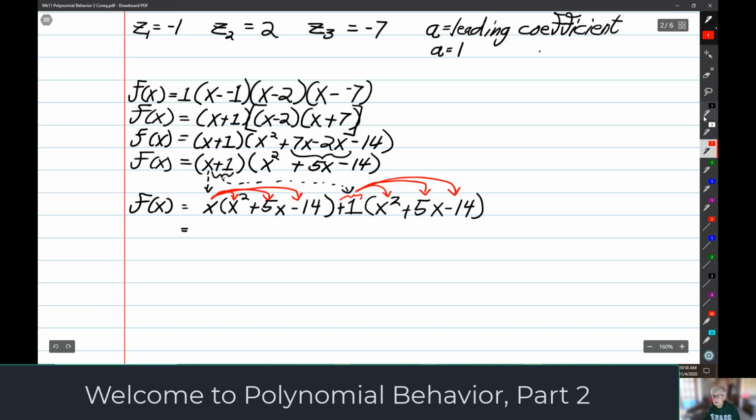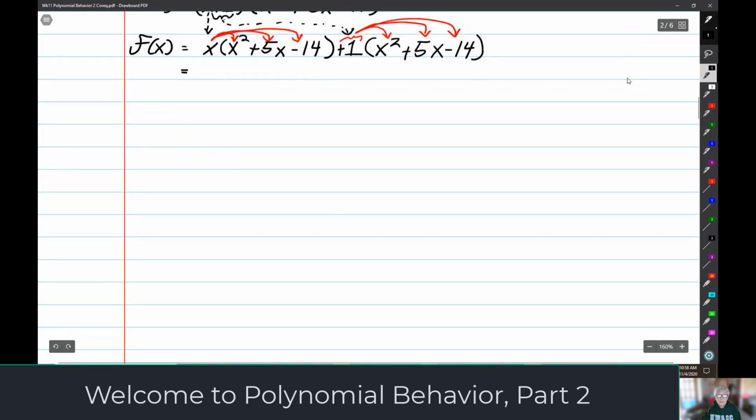Here I go. This will be x to the third plus 5x squared minus 14x plus 1 times x squared plus 5x minus 14 is x squared plus 5x minus 14.